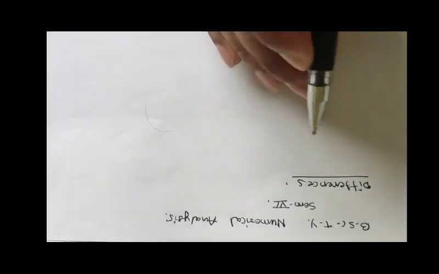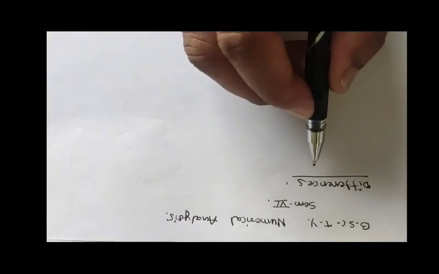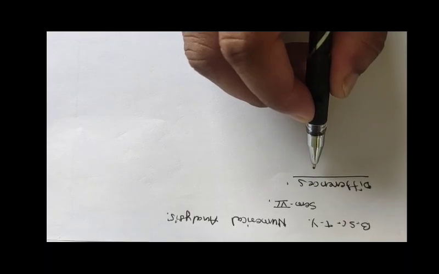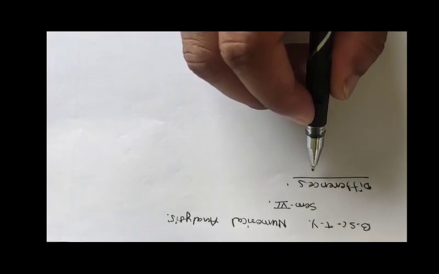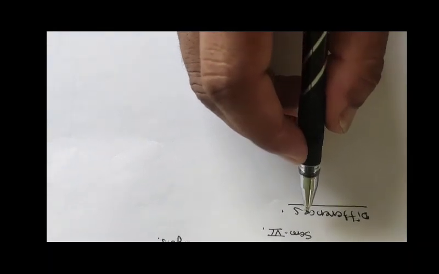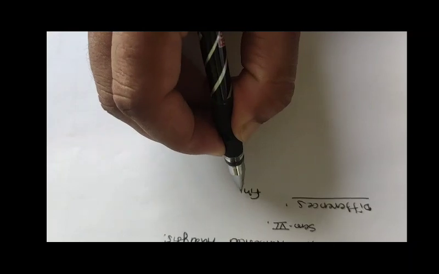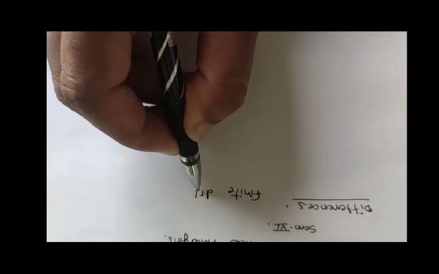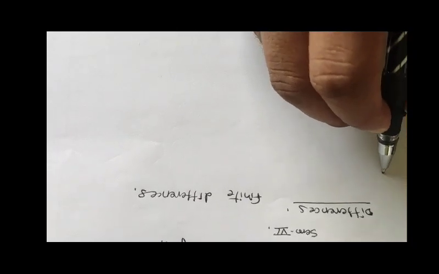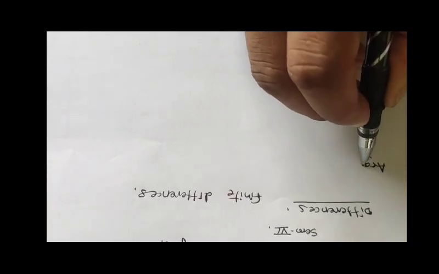So we will discuss the table called the table of finite differences. Suppose f of x is any function.